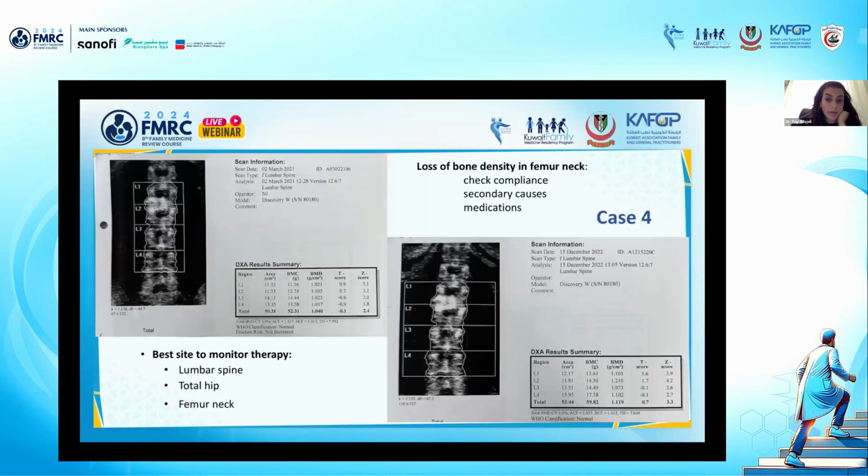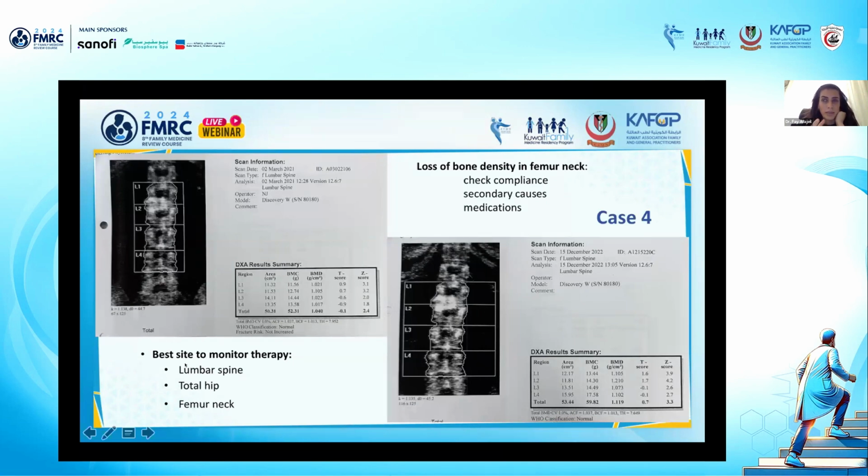She came back, almost a year and a half later, and she has done the DEXA scan by herself, and she came for follow-up. We have to check the improvement or the response of the patient to the treatment by looking at these 3 sites, starting from the best to the worst.